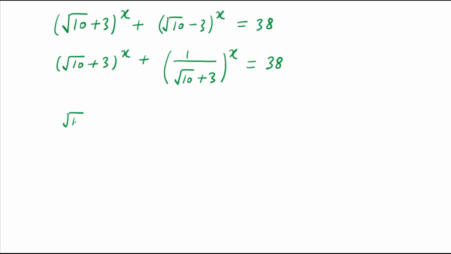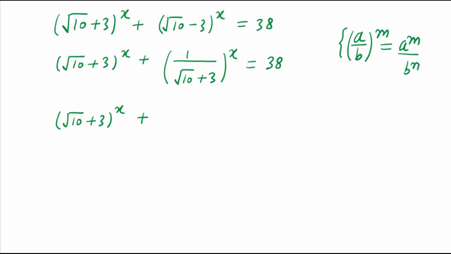(√10 + 3)^x plus, here we will apply this rule, (a over b)^m is equal to a^m over b^m.